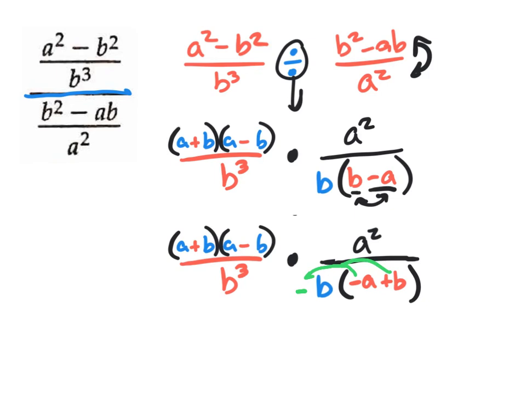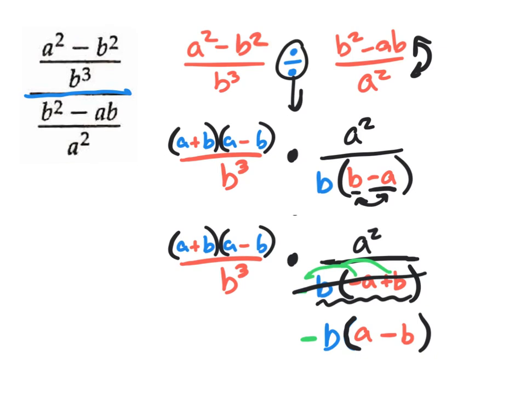So for my denominator, this b times that minus a plus b, it's going to become, let me just rewrite the b, and in the parentheses, I will have positive a minus b. That's if I pull out a -1. So in the denominator, I really do have a negative b times a minus b. So I have factored out a -1, so I could just scratch this one out because I already rewrote it.